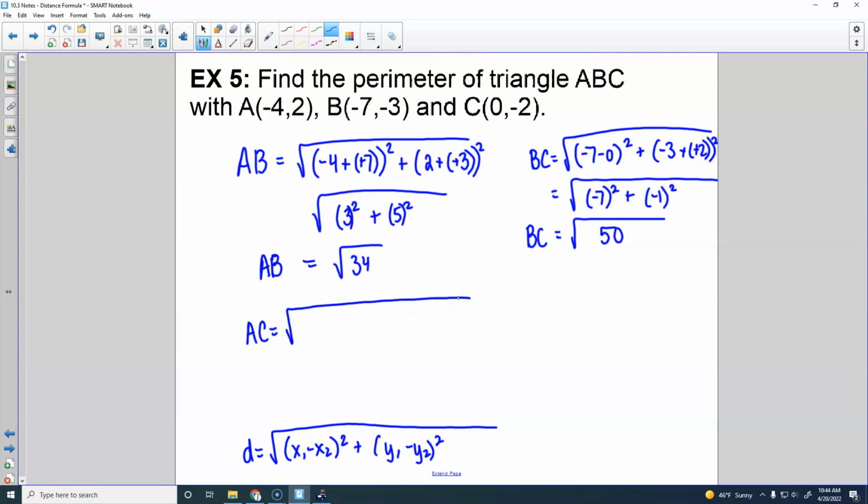So for AC, Zane, tell me how to plug in those numbers there. Okay? Let's let A be our x1, y1, and C is going to be our x2, y2.